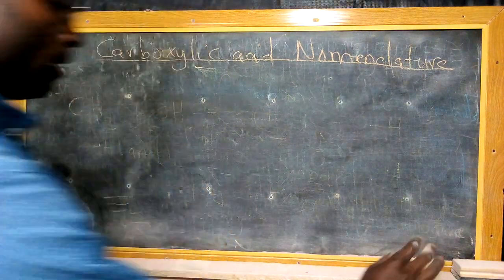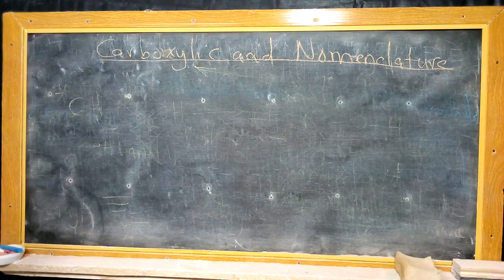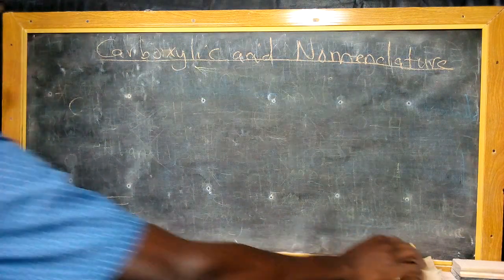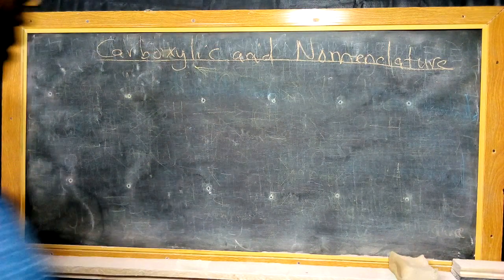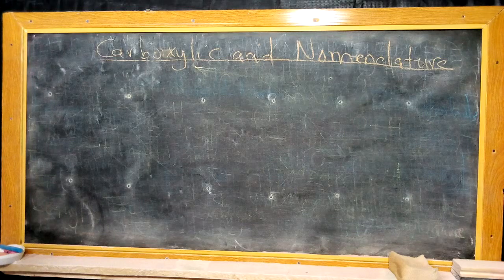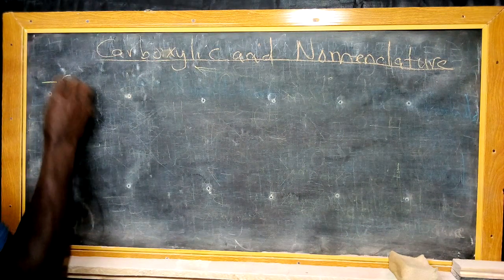So since we are under the topic of nomenclature of carboxylic acids, we'll look at the general procedures that we have discussed in our videos for other functional groups, and maybe we can start with the suffix.